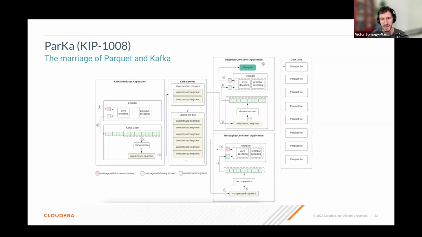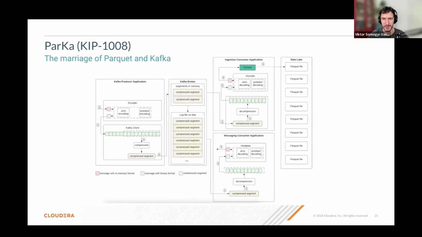In the ingestion consumer application on the top, in step 1 we take the data, decompress it in step 2, and then decode it from Avro in step 3, transform it into a Parquet format in step 4, and in step 5, send it to the data lake. Or in our case, instead of transforming it to Parquet, you would send it to Flink, and that would transform it to Iceberg and it would end up in the data lake.